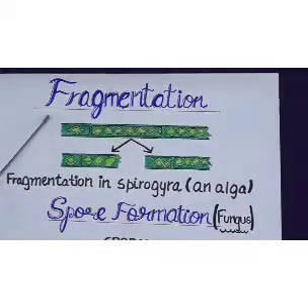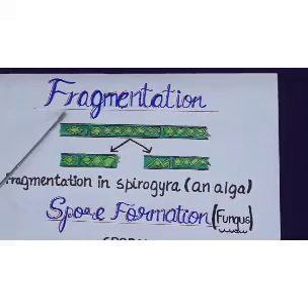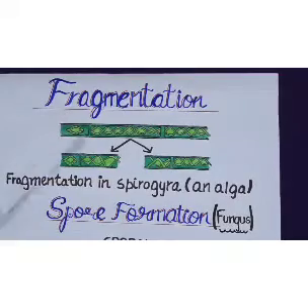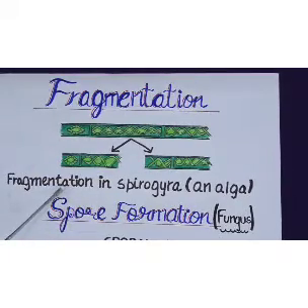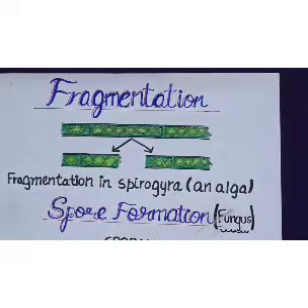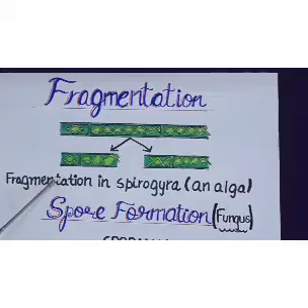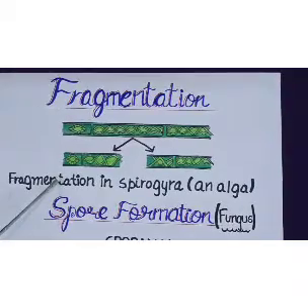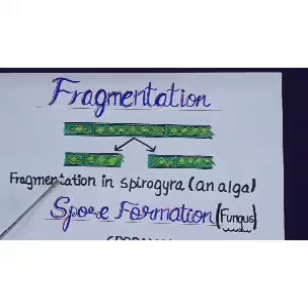The next process which we are going to explain now is called fragmentation. Fragmentation takes place in Spirogyra. The common name is algae. So, the slimy green patches in ponds or in other stagnant water bodies are algae.